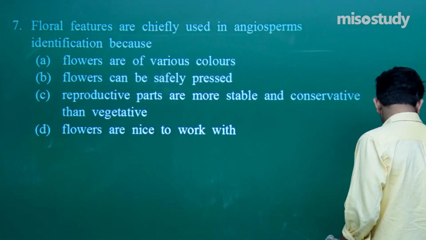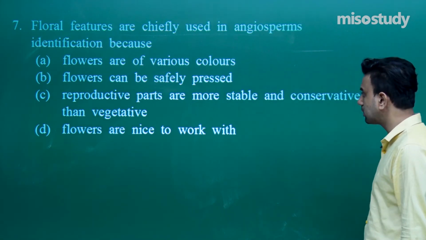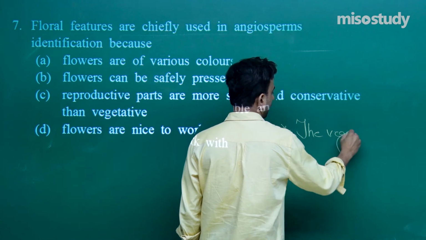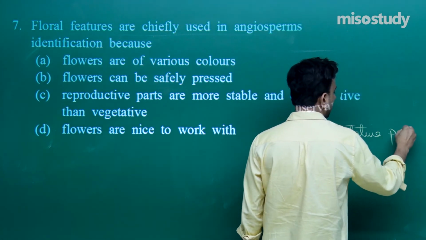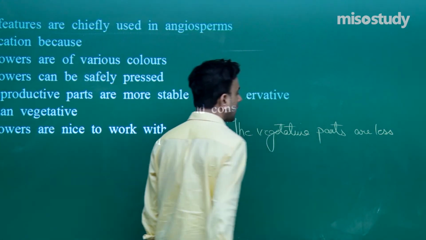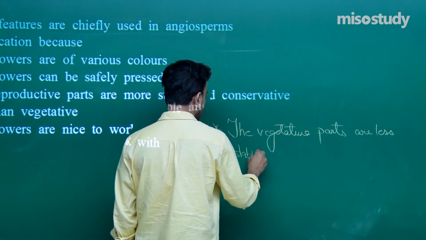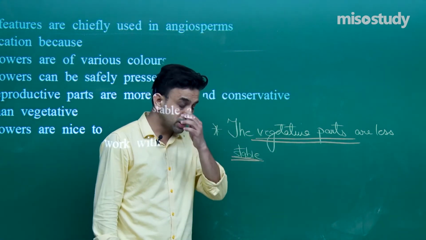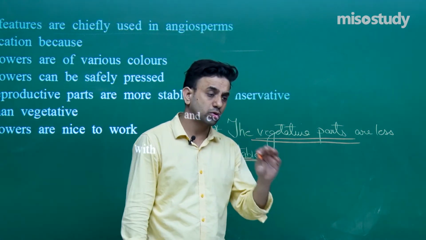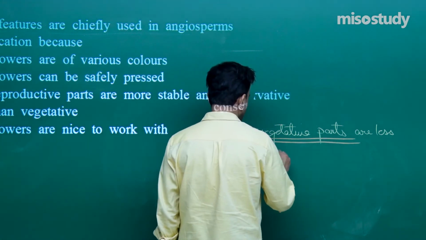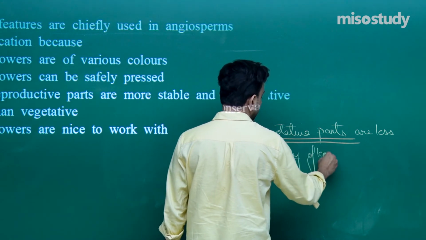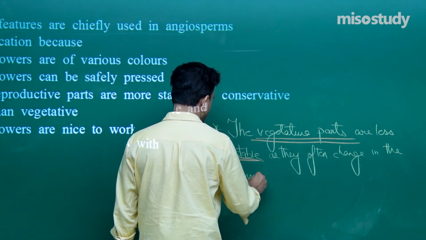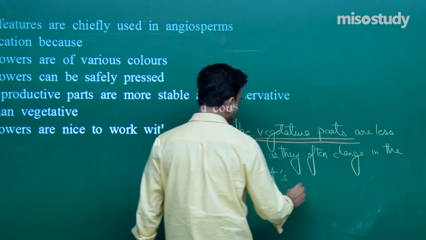See, the vegetative parts are less stable, as they change according to the environment, under the environmental influence.